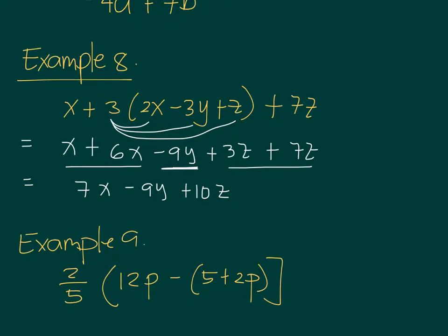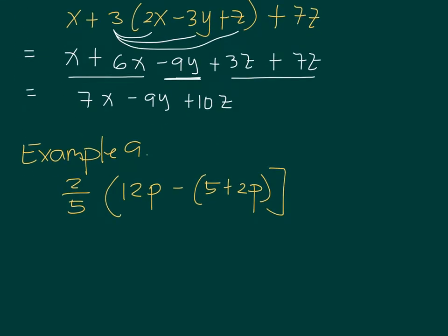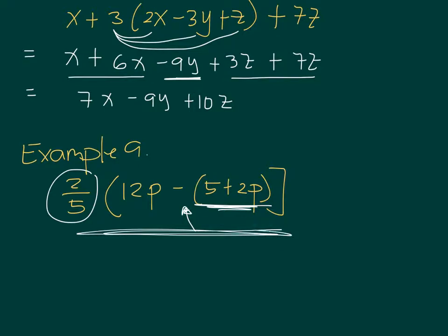So here we have the minus sign to be distributed to 5 plus 2p. At the same time, the fraction 2/5 is to be distributed to this group. But when we work on an expression with grouping symbols, we work from the inside to outside. So we have to start from the inside.